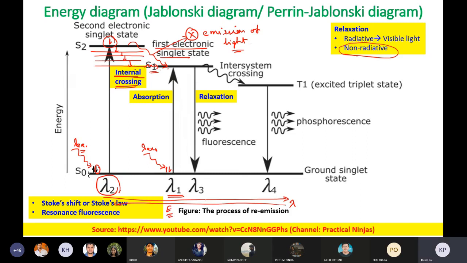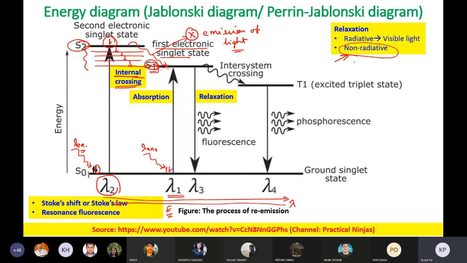Okay, so when the electron from S2 comes to S1, there is an internal conversion, and during this it spends non-radiative energy to come back to the S1 state, and hence there is a loss of energy.